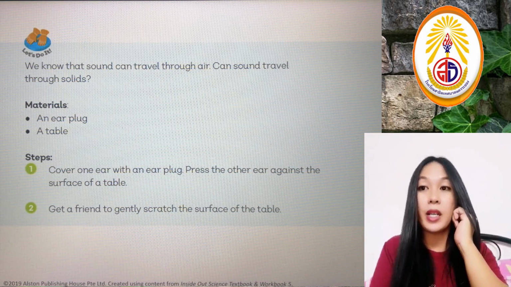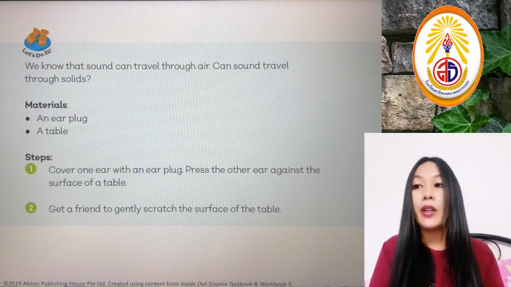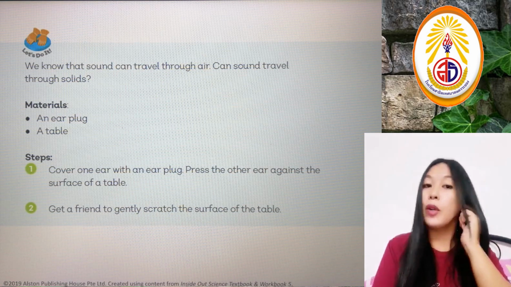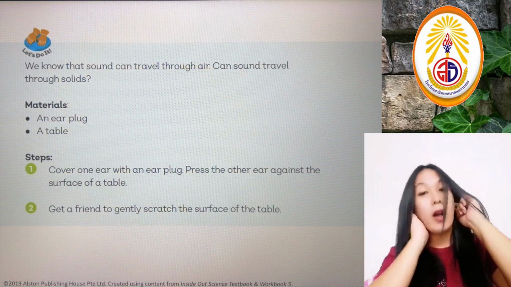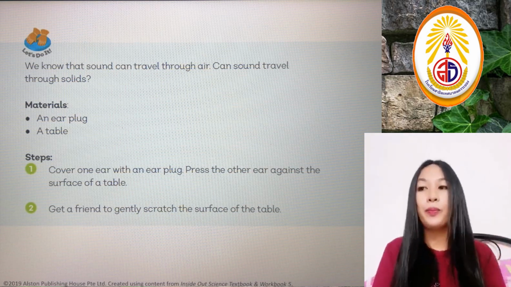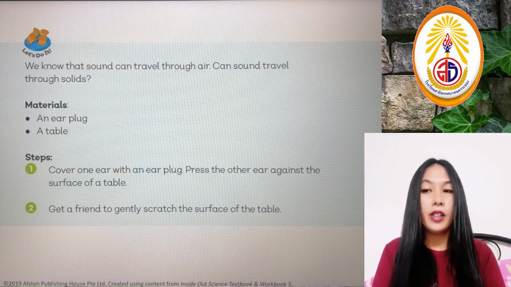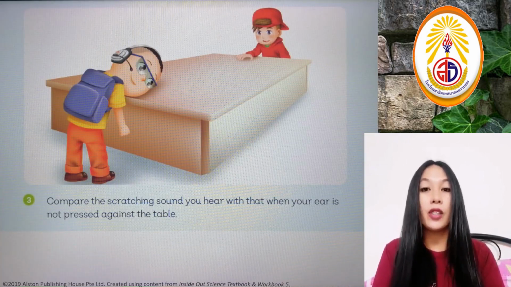You cover one ear with your earplug, or you can also use your hands or your fingers to cover your other ear. Press the other ear against the surface of the table. Now get a friend to gently scratch the surface of the table.